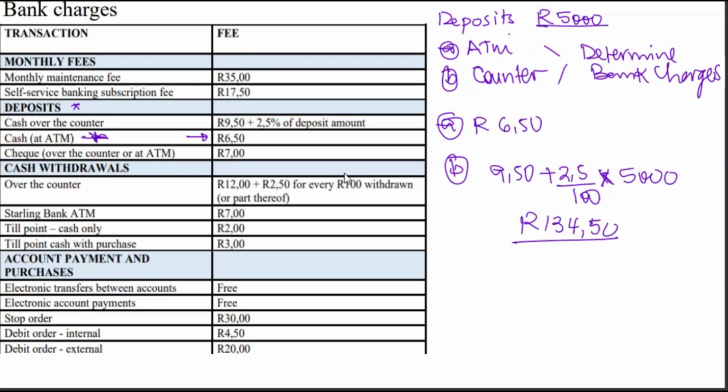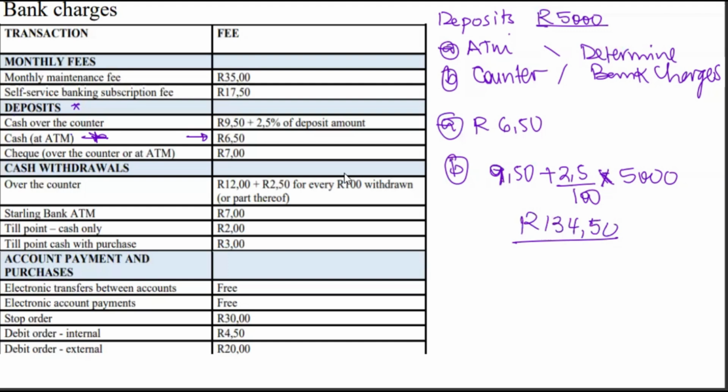Now the question might come in, why do you think they are charged more when they use the counter than when they use the ATM? Number one, they want to encourage people to use the ATMs, whereby they reduce the congestion inside the bank.